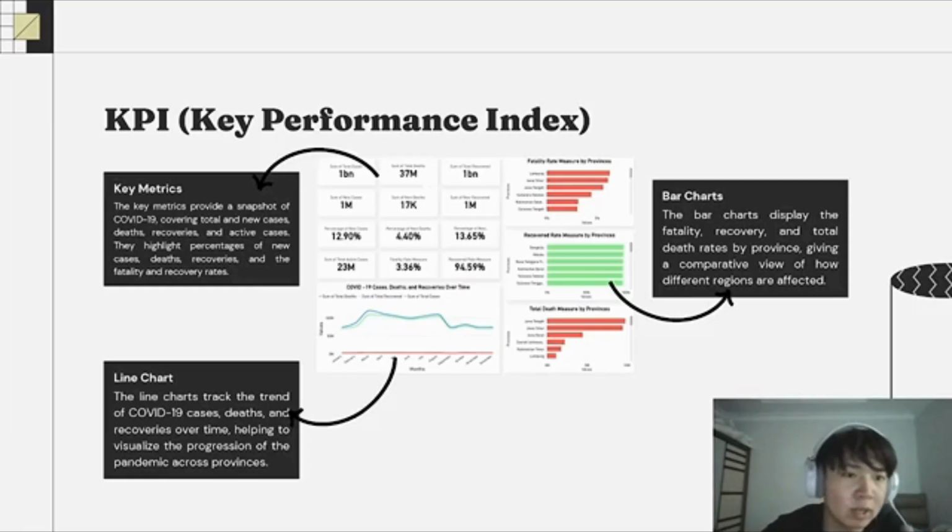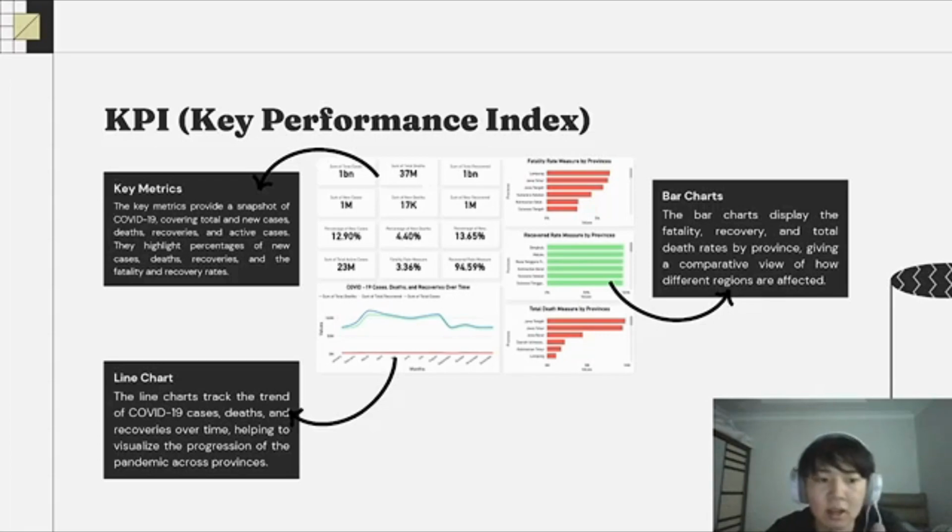Key Performance Index. First, I will explain the key metrics. The key metrics provide a snapshot of COVID-19 covering total and new cases, deaths, recovery, and active cases. They highlight percentage of new cases, death, recovery, and the fatality and recovery rates.